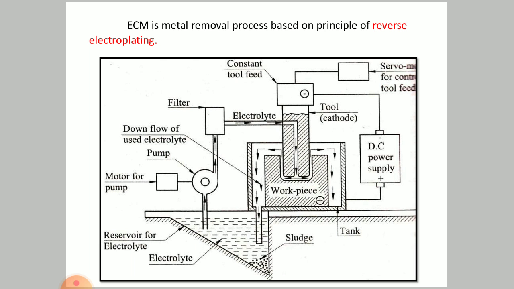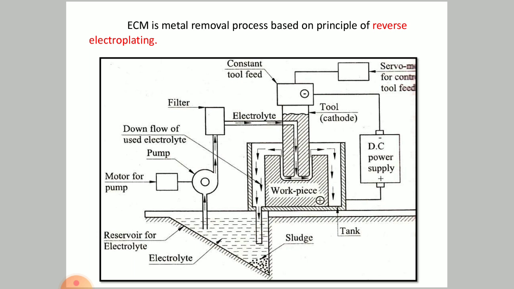Now, as we all are aware, in the electrolysis process the molecules are dissociated in the form of ions. Thus, in order to clean the electrolyte solution, into which the ions are dissolved, we must filter that electrolyte solution.